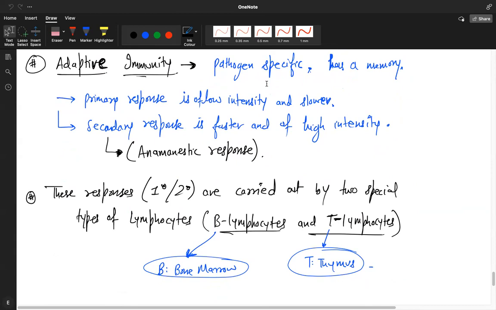This means that when the body encounters a pathogen for the very first time, it produces a response called the primary response. Then the subsequent encounter with the same pathogen is faster and of high intensity, and it's called the secondary response.